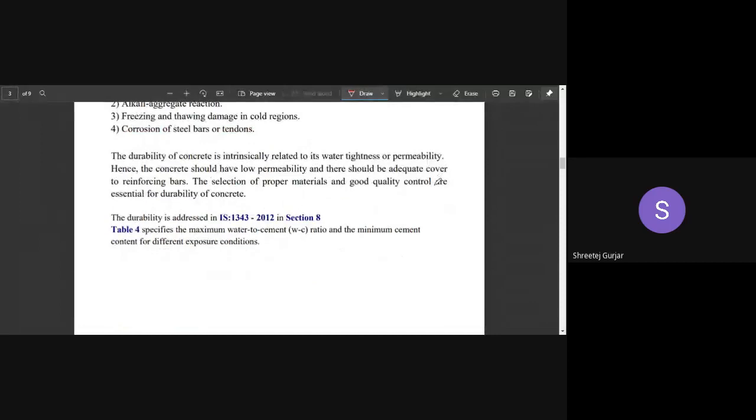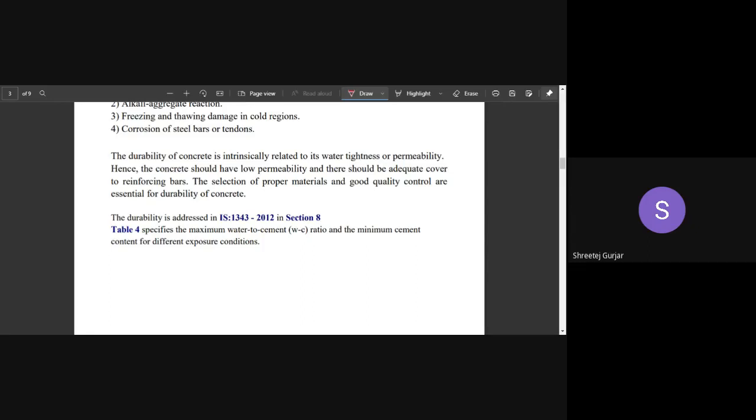So coming to your next point, if you want to read about durability of your PSC members, you can refer to section 8 of IS 1343:2012. Then next, table 4 of IS 1343 specifies the maximum water to cement ratio and the minimum cement content for different exposure conditions, right?